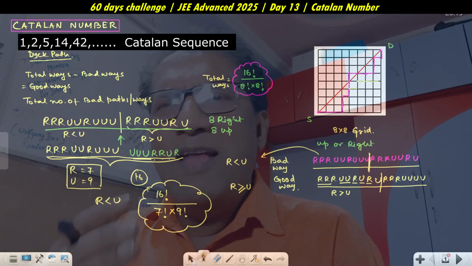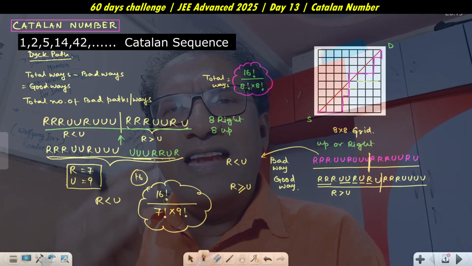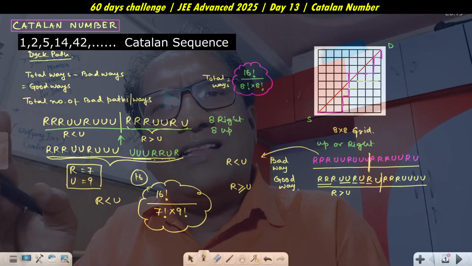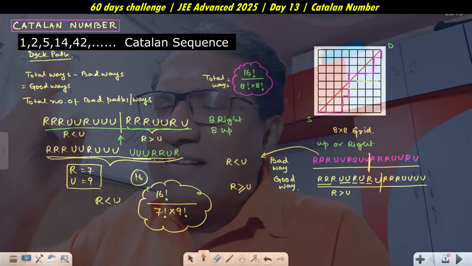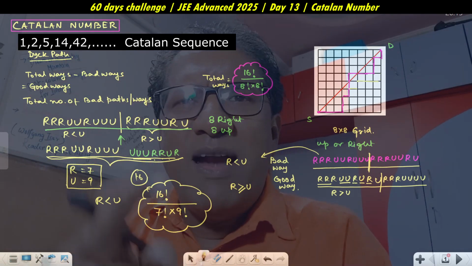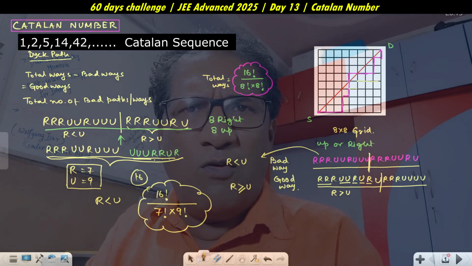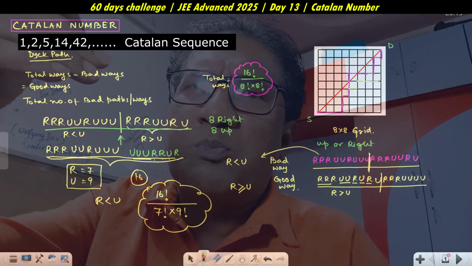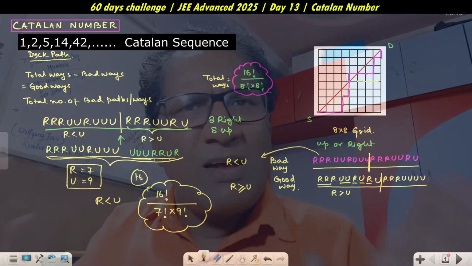So remember that whenever it's a right path, your right movement is always greater than or equal to the up movement. But at any point of this movement, if your right movement is less than the up movement, it becomes a wrong path. That is, it has already trespassed the diagonal. So it is our wrong path.